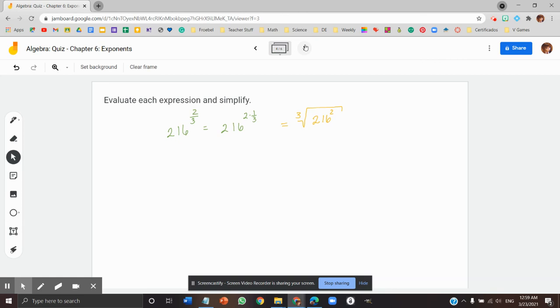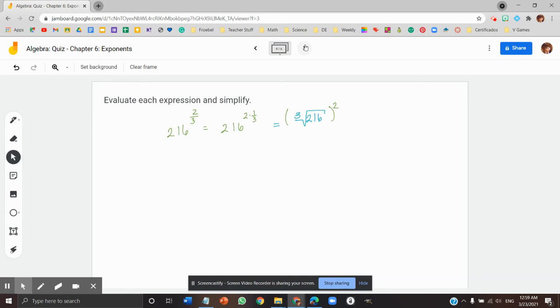So there is a way to make this a little bit easier. I'm going to erase this one and do this in color blue. What I can do is solve for the radical first, the cube root of 216, and then I can raise that to the power of 2. I know it looks scary, but it's a lot easier.